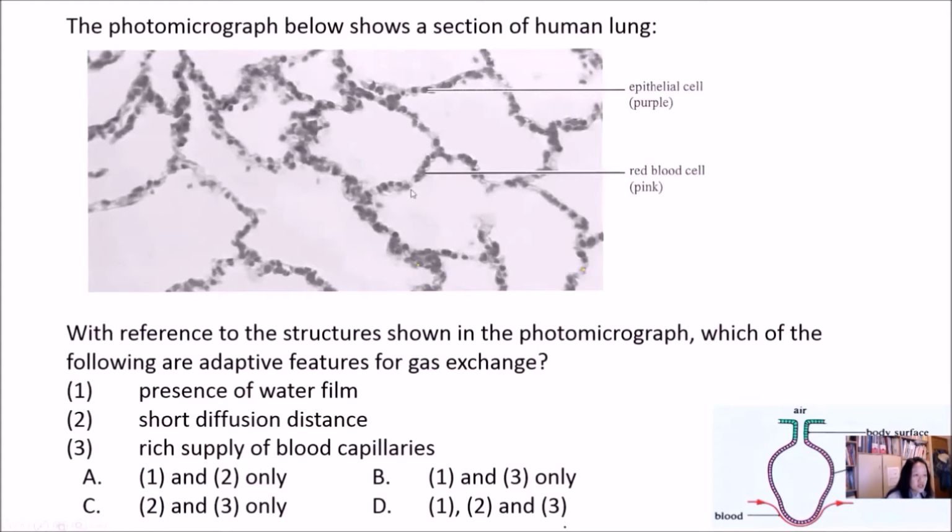If you see these, they are the air sac. So what are the features shown in the photomicrograph? I need to have the features which are shown in the photomicrograph, and these structures, they are the adaptive features for gas exchange.